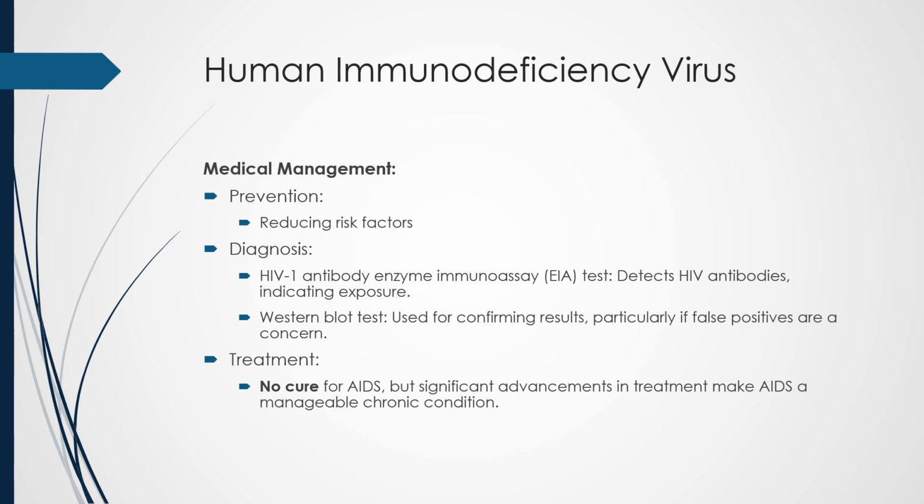The primary focus is on prevention in unaffected individuals to reduce the risk of contracting HIV. Emphasis is on reducing sexual and drug-using behaviors as key strategies. Early diagnosis is crucial for initiating early treatment and notifying partners.